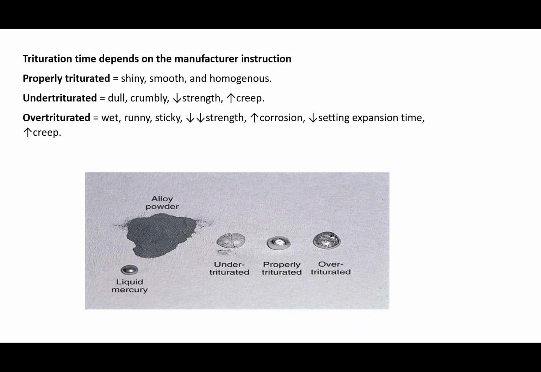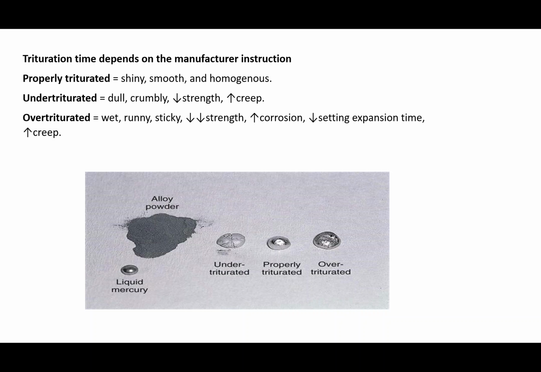Under-triturated, when we mix too little or less than the required time, the mix will appear dull and crumbly. Over-triturated, when we mix too much or more than the required time, the mix will appear wet, runny, and sticky.